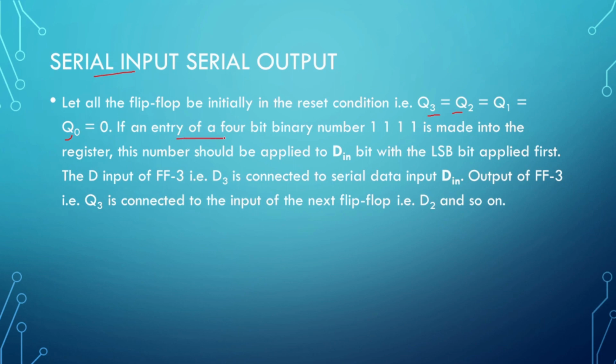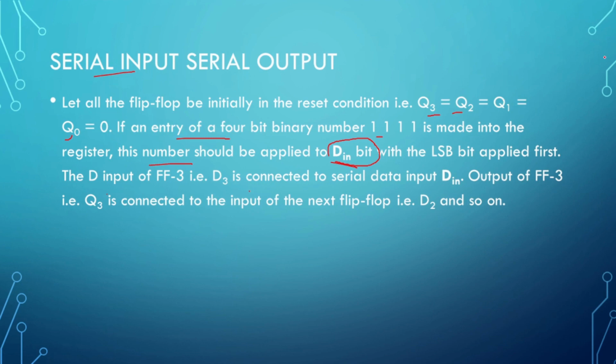If the 4-bit binary number 111 is to be entered into the register, this number should be applied to D in. So this D in bit is considered the primary input of the whole circuit. The D input of flip-flop 3, that is D3, is connected to the serial data input D in.